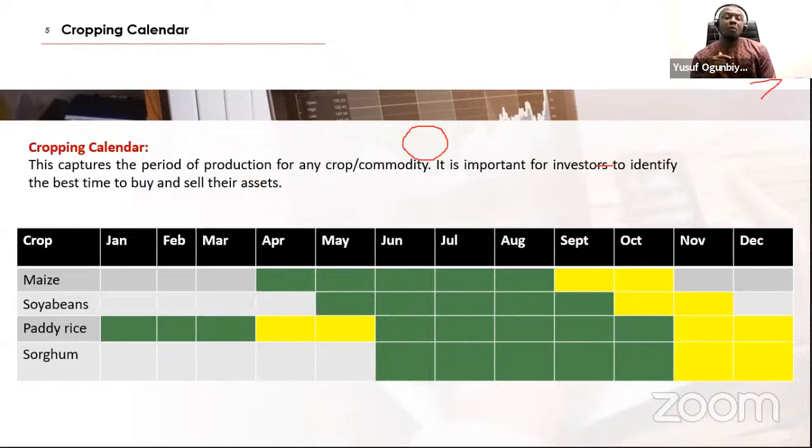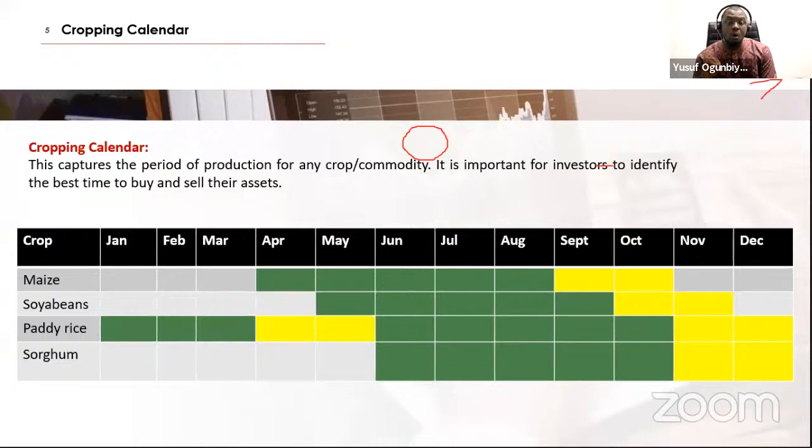So for investors, what is most paramount is when the commodities are being issued. Based on the cropping cycle that we've looked at, and if you look across a whole lot of technical and non-technical reports, you would find one or two disparities from one report to the other.